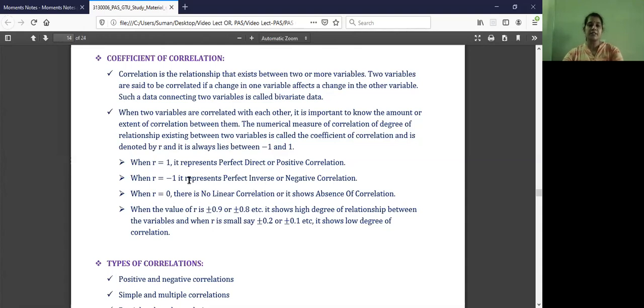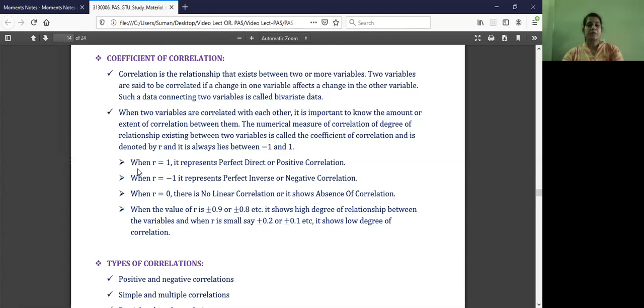So the conditions are: when r is equal to 1, it represents perfect direct or positive correlation. The second is when r is equal to -1, it represents perfect inverse or negative correlation.